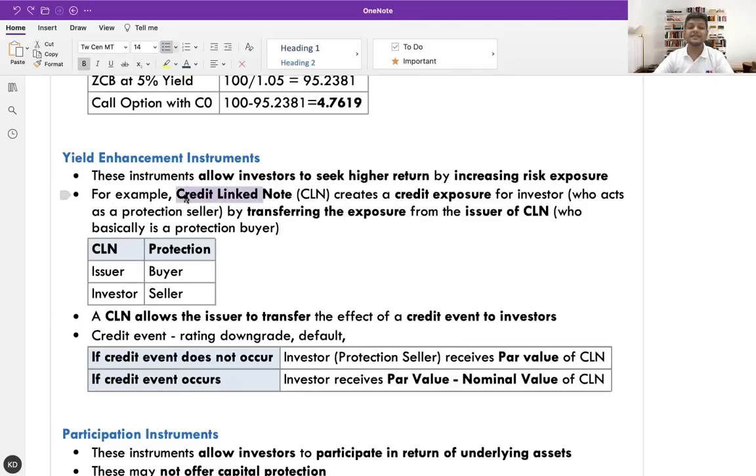For example, we have the CLN, credit linked note. A credit linked note is an interesting instrument. Here, you are not taking the protection, but you are giving the protection. So let's say you are an investor and you wanted protection against a default. You are willing to take insurance, and I am the one who's selling you the insurance. So I am the investor in the credit linked note.